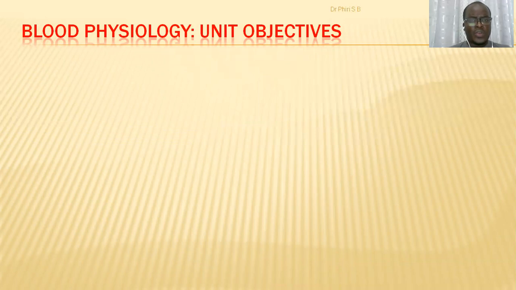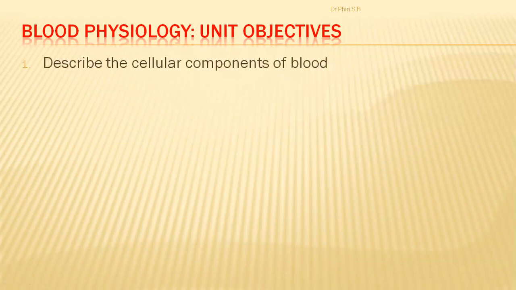We also have unit objectives. At the end of blood physiology, what do you want to achieve as a student? There are a number of objectives that we would want you to achieve. The first one: at the end of the blood physiology unit, you should be able to describe the cellular components of blood.